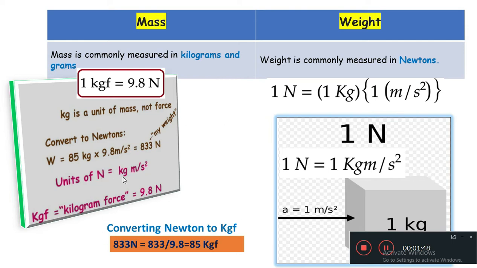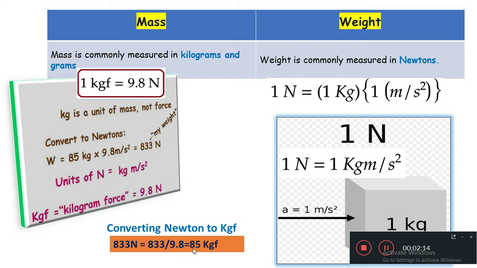the unit of acceleration is meter per second square. So kgf is kilogram force, which is equal to 9.8 newton. Weight is commonly measured in newton, that is 1 newton is equal to 1 kg meter per second square. So converting newton to kilogram force, that is 833 newton is equal to 833 divided by 9.8 is equal to 85 kilogram force.